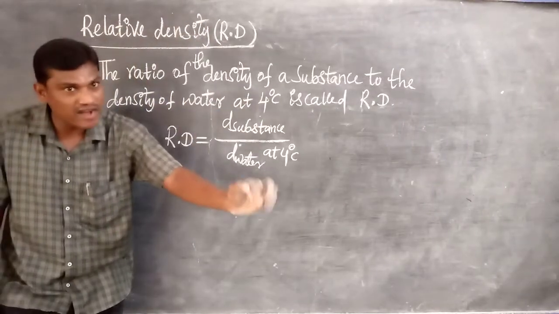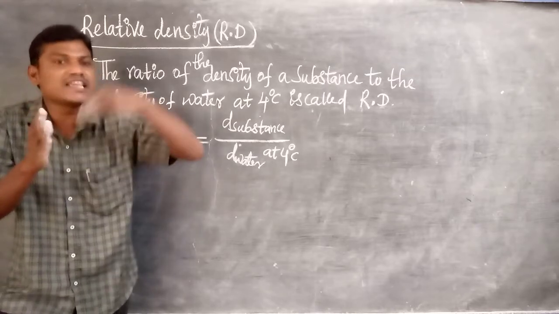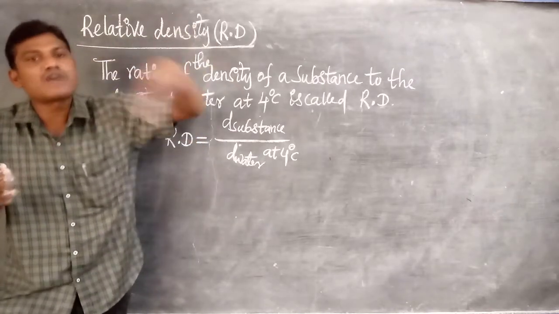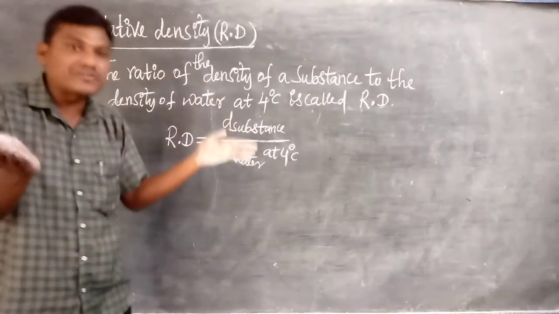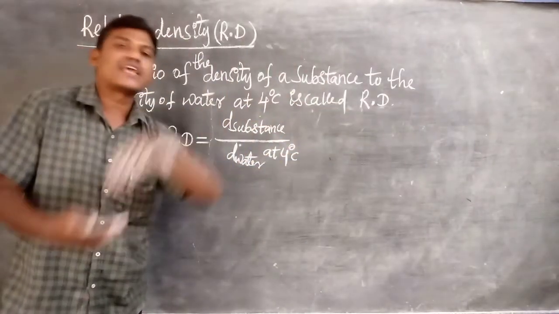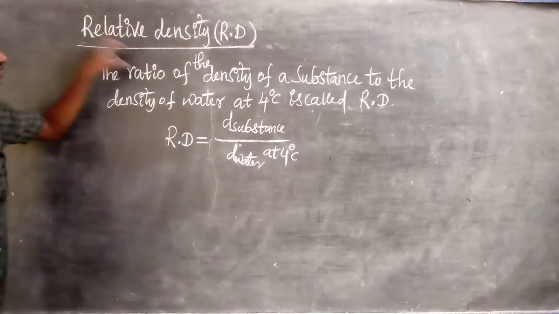Water is the common factor, so with the help of the water concept we can easily express the density of other substances. Finally, it is the relation between water and the other substance, either solid, liquid or gas. That is the relative density.